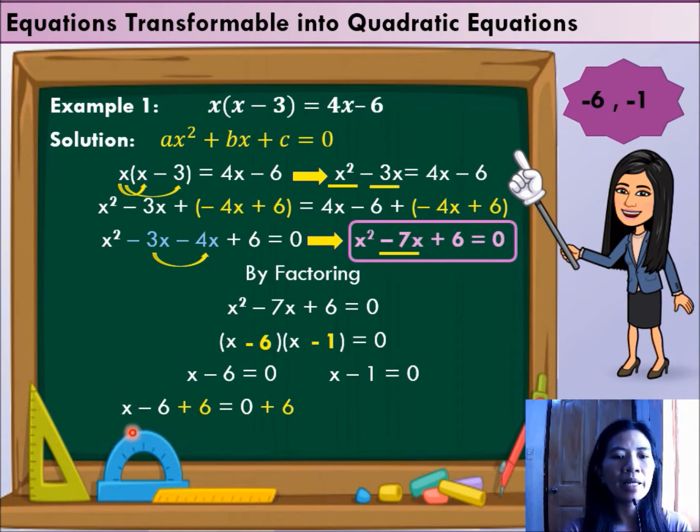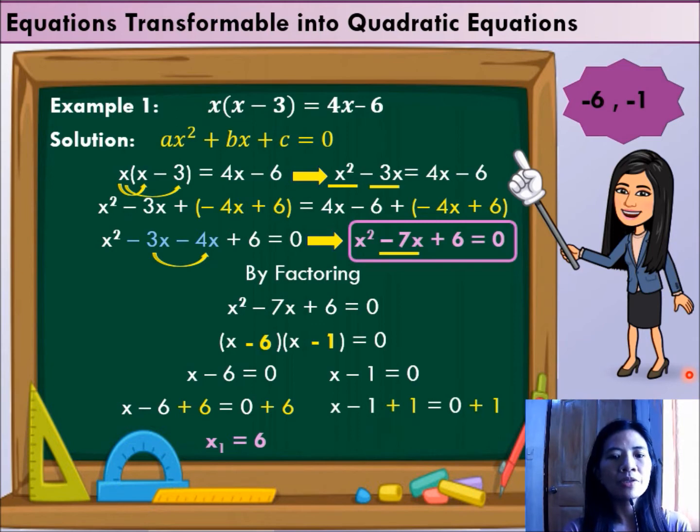We are going to isolate x, so we get the additive inverse of negative 6, which is positive 6. We add positive 6 to both sides. Minus 6 plus 6 is 0, so the remaining is only the variable x, equal to 0 plus 6 equals 6. So x sub 1 is equal to 6.